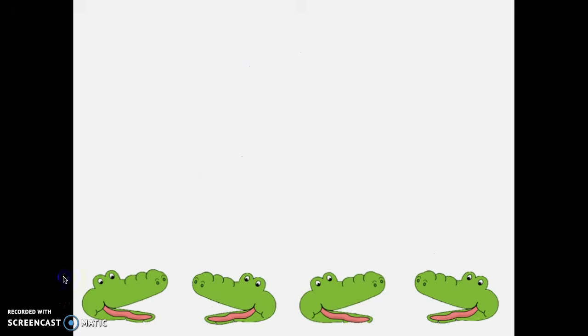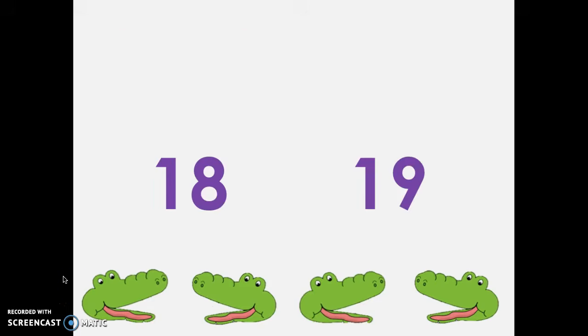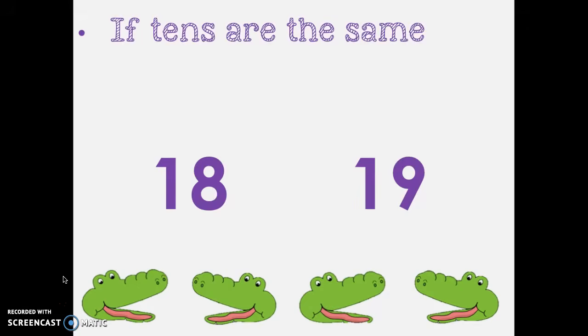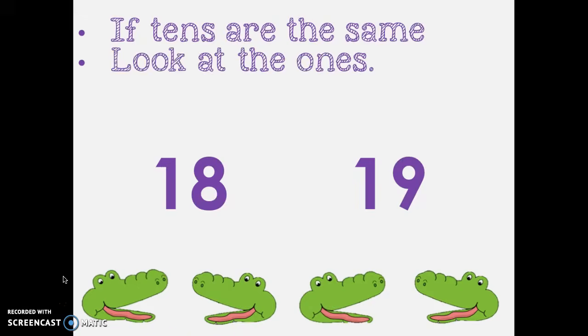Let's try another one. If I have the numbers 18 and 19, the first thing I'm going to do is look at the tens. This says if tens are the same, you need to look at the ones. So let's see. I have 1 ten in 18 and 1 ten in 19.